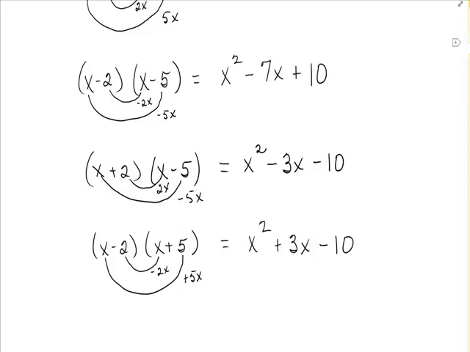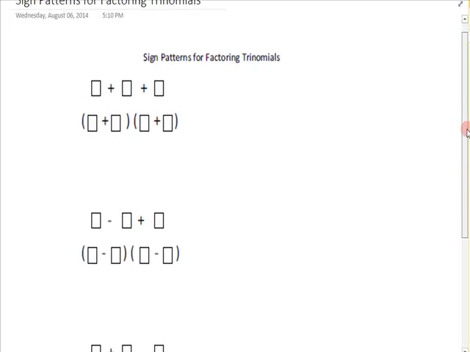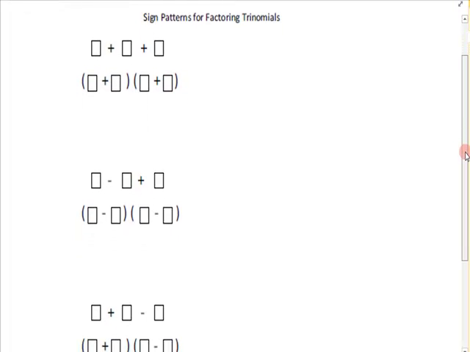All right, there is a page that I'd like you to look at. Please don't try to memorize this. Just look at it. This is the model for your trinomial. It might be x squared plus 3x plus 10 or something. It is some trinomial.